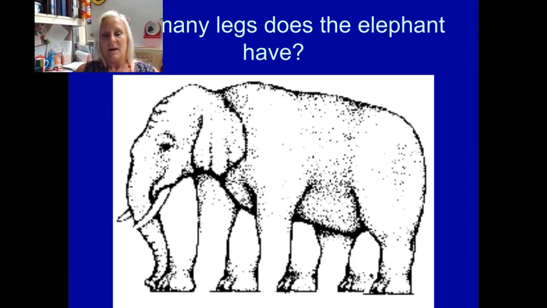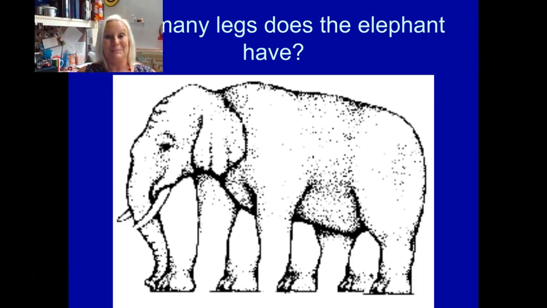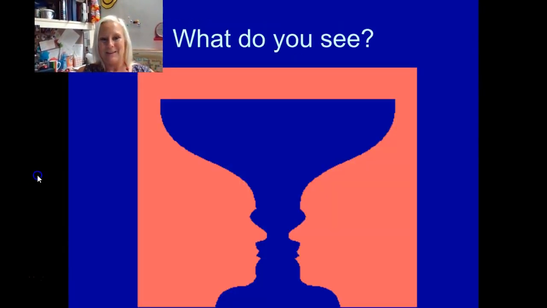So this is one of those kind of optical illusions. And when you stare at the elephant, it's kind of hard if you start at the body and let your eyes go down. It's kind of hard to tell. It looks like you're following the shoulder down, and then all of a sudden there's no foot there. And if you follow a foot up to the body, it doesn't look like it goes up the right way. And it kind of looks like there's more feet than there's actually supposed to be. Kind of messes with you.